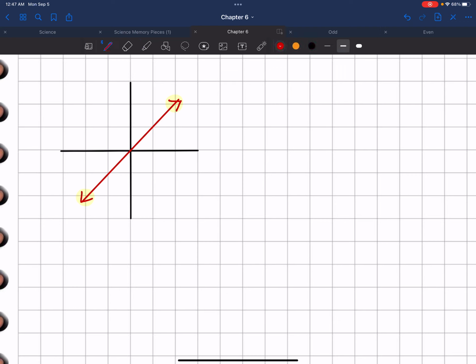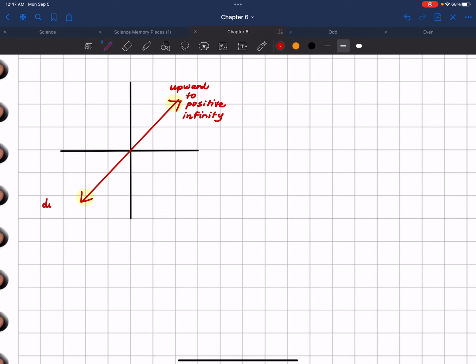This particular end is extending upward to positive infinity. In other words, if I could just keep drawing forever and ever, the line would never stop.